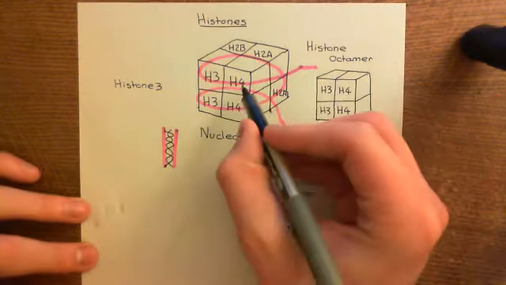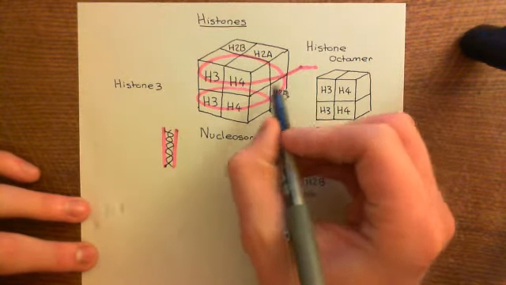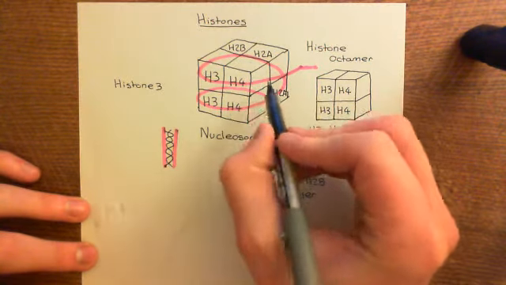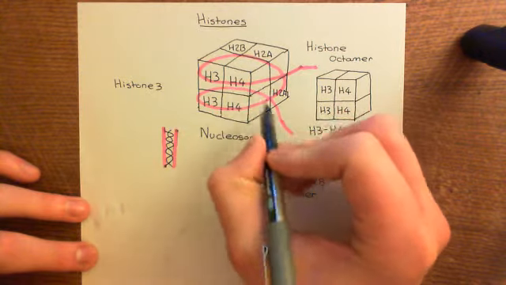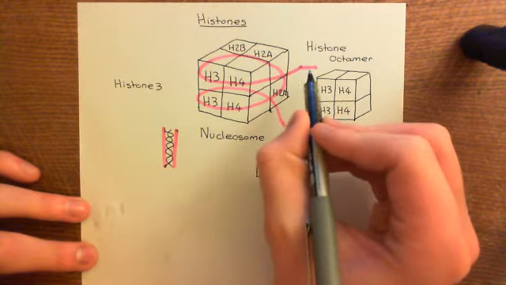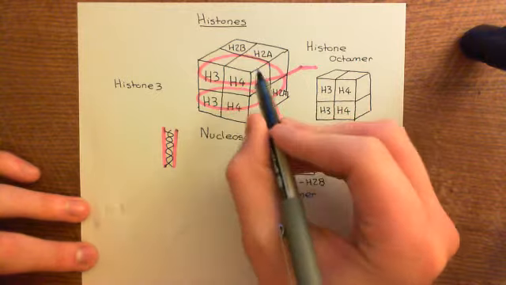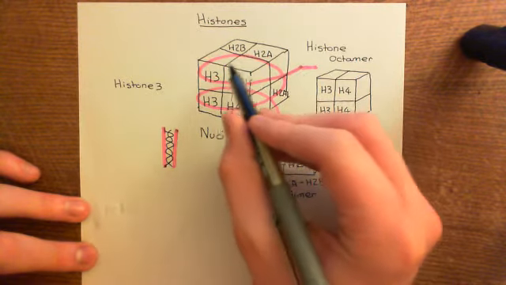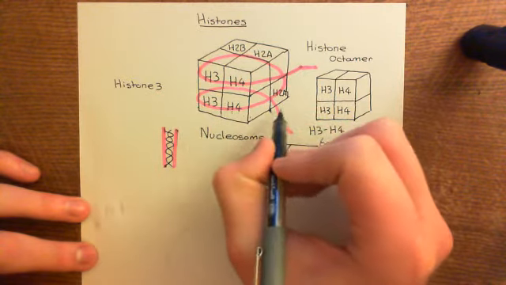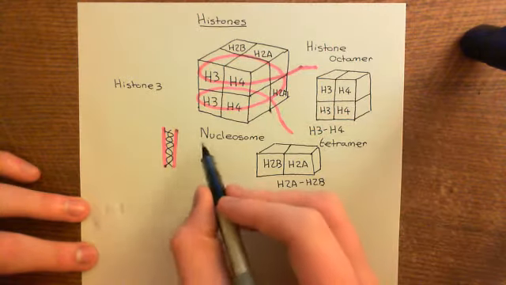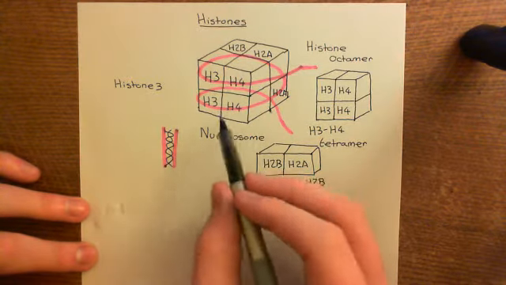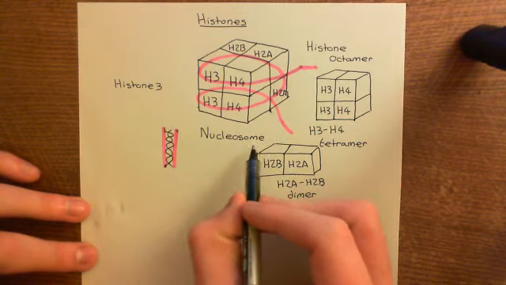They can increase the expression of genes by loosening the DNA, which is wrapped around histone octamers. Okay, so DNA is not just free within the nucleus of cells, instead it is wrapped around these histone octamers, and that structure of DNA wrapped around a histone octamer is known as a nucleosome.